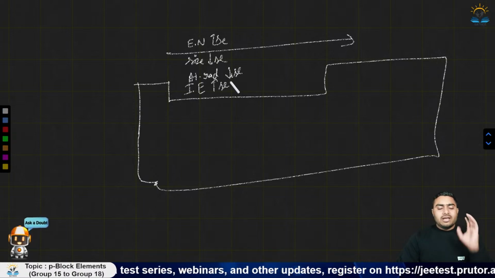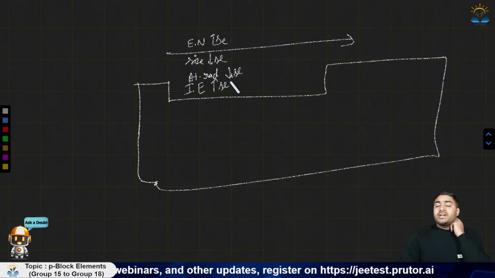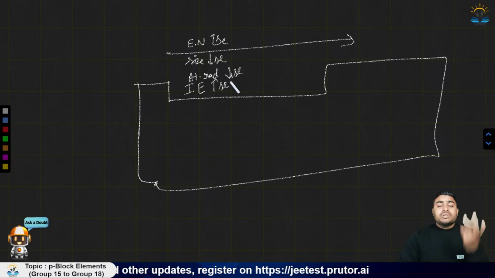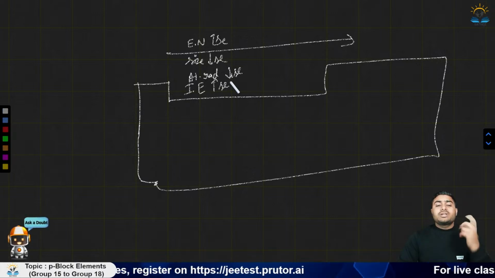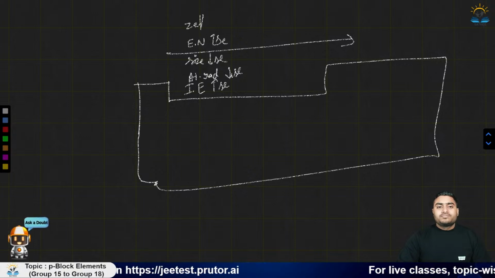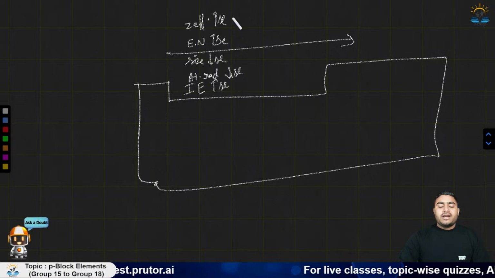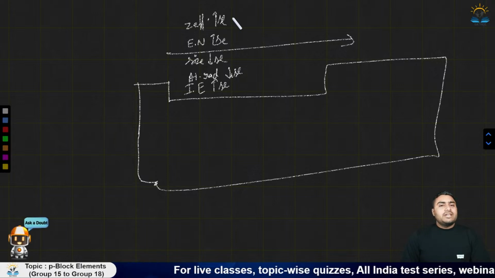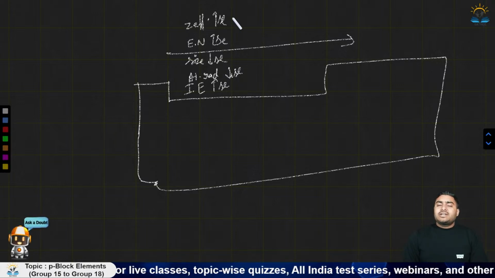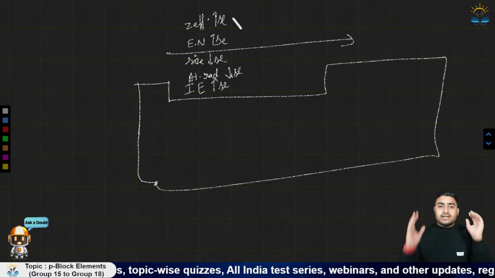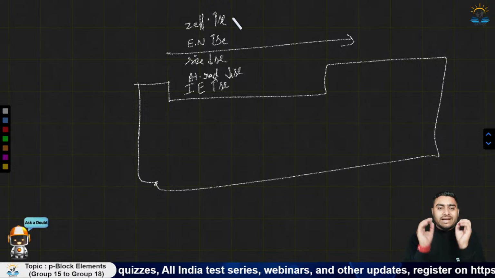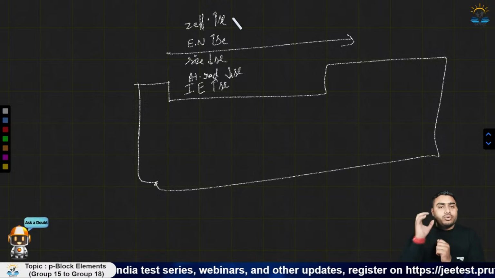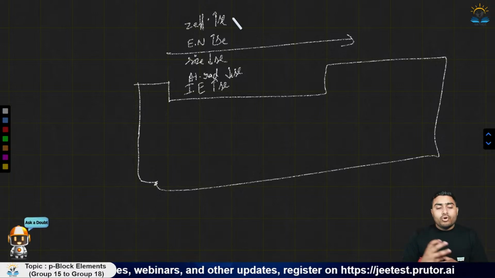Size decreases due to the increase in Z effective. Ionization energy increases because the electrostatic attraction between the nucleus and the last shell electrons is high.